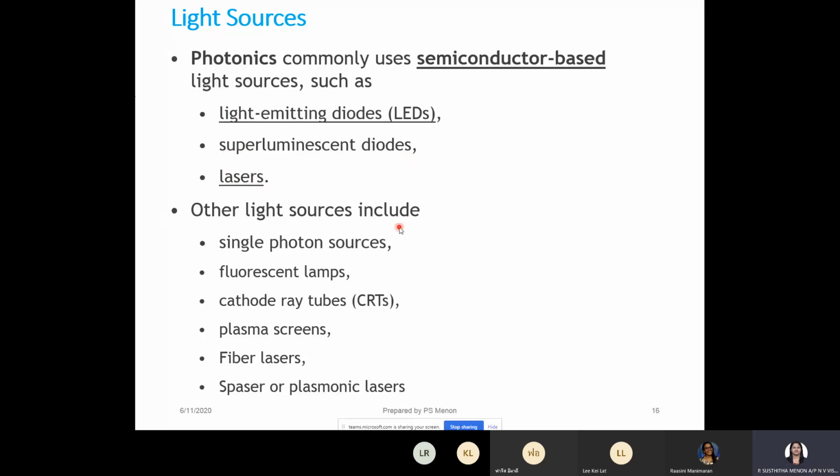Other light sources are single photon sources, fluorescent lamps, cathode ray tubes, plasma screens, fiber lasers, and spaser or plasmonic lasers. But mainly this lecture is about photonic devices, so I go very deeply into LED and also laser. The rest is just a single slide to give you the overview.